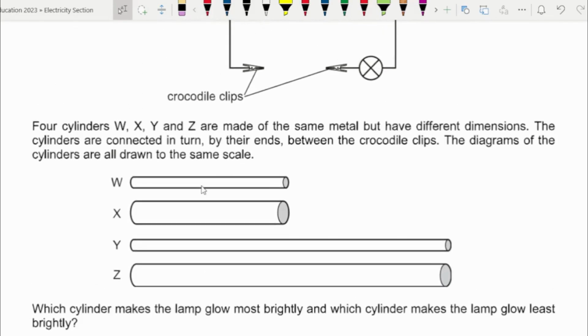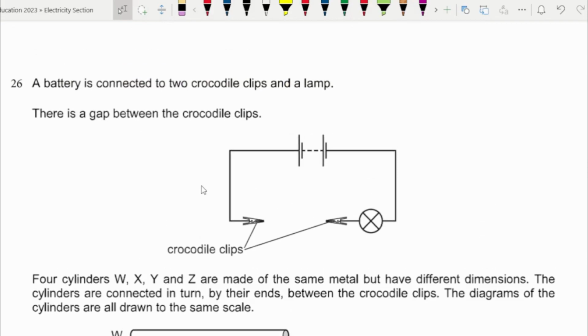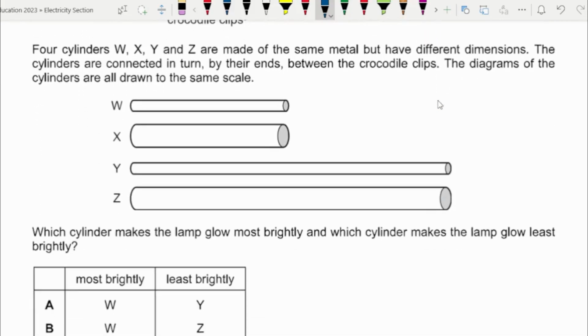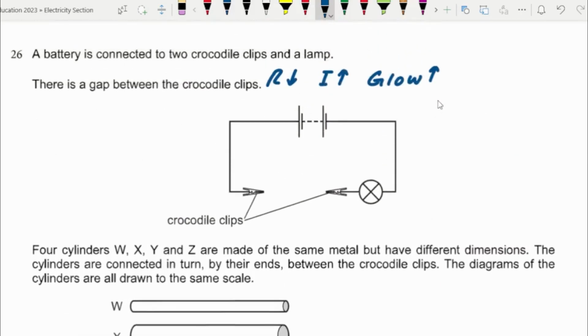So the cylinder with the lowest resistance would enable the lamp to glow the brightest, because if you have lowest resistance, then it implies that more current can flow through the circuit and the glow would be brighter. So first of all, let's choose the cylinder which makes the lamp glow the brightest.